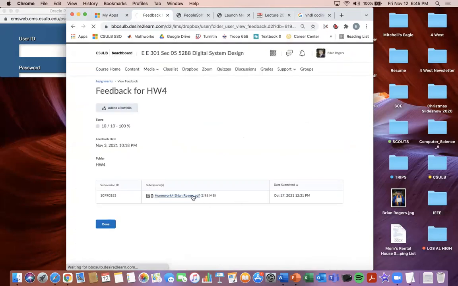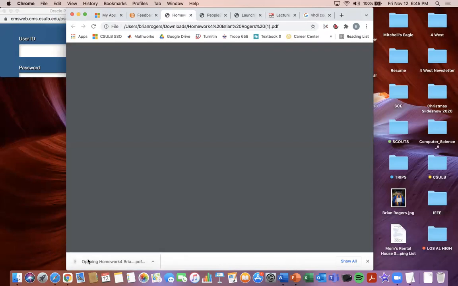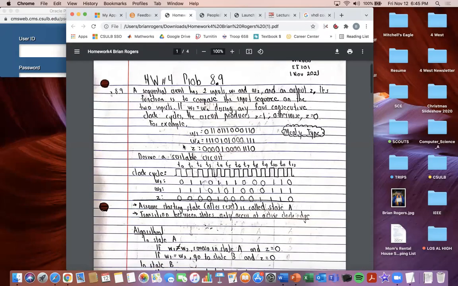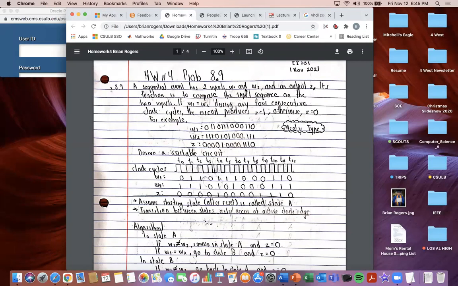The problem said a sequential circuit has two inputs W1 and W2 and an output Z. Its function is to compare the input sequence on the two inputs. If W1 equals W2 during any 4 consecutive clock cycles, the circuit produces Z equals 1. Otherwise, Z equals 0.